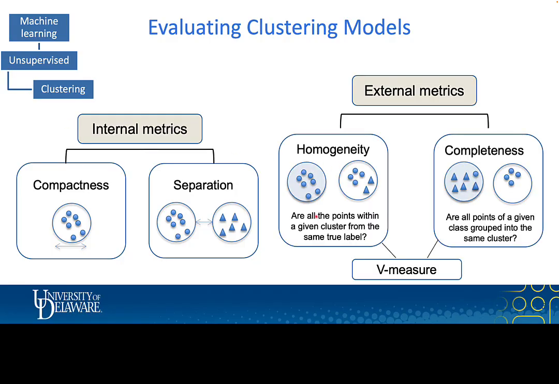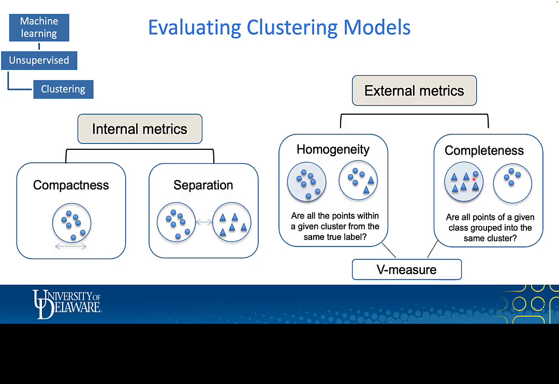A clustering result satisfies homogeneity if each cluster contains only data points from a single class. In this case, this cluster contains all points that are from a single class. Basically, we are asking ourselves, are the clusters pure? This is disregarding whether other data points of that class are in a different cluster.